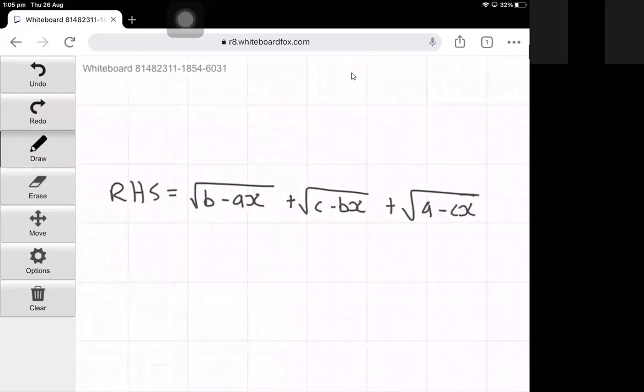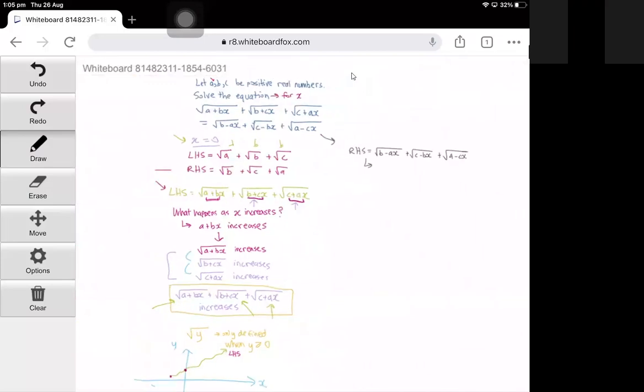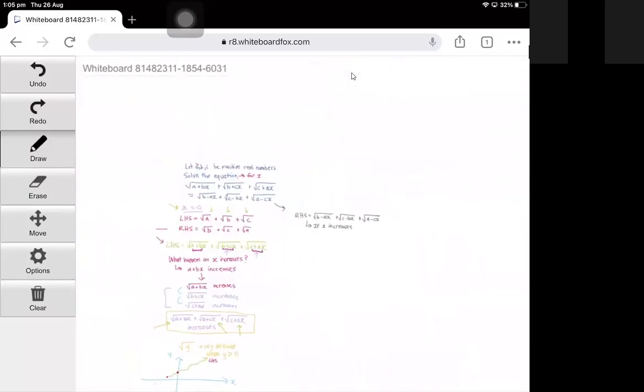So now what happens if I increase x? So similar to what I did before, what happens if x increases here? Now the opposite situation actually happens.